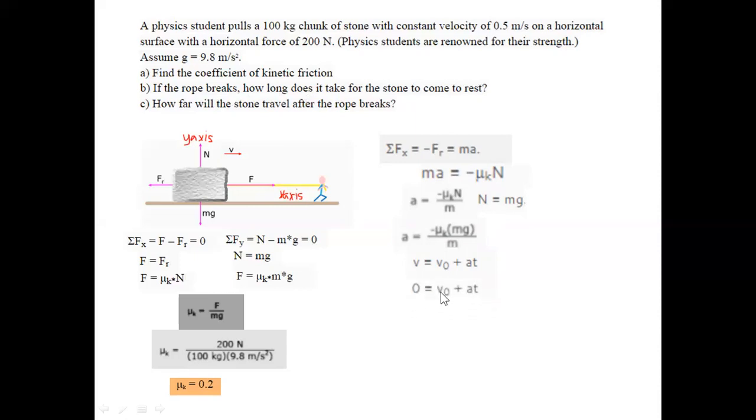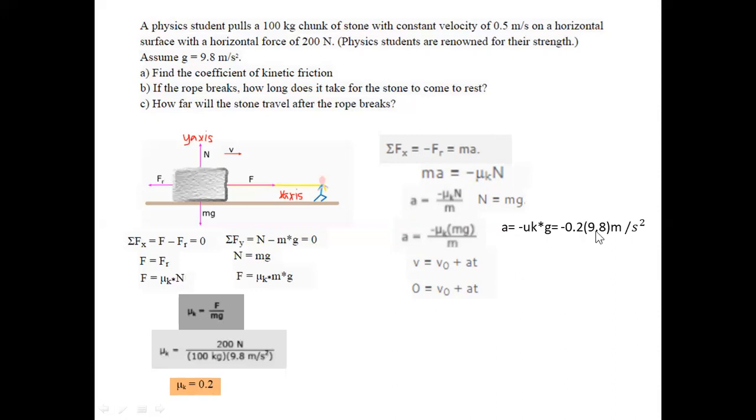So 0 is equal to initial velocity plus acceleration times time. Hence, solving now for our acceleration, since mass and mass cancel out, we are left with kinetic friction coefficient times gravity, and substituting our values, this gives us our mu k from our solved value in letter A at 0.2.